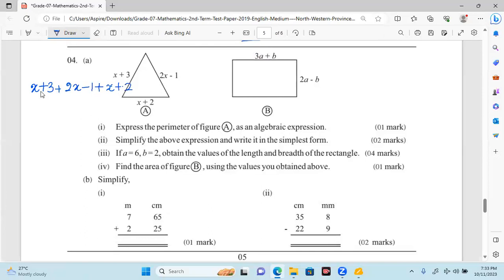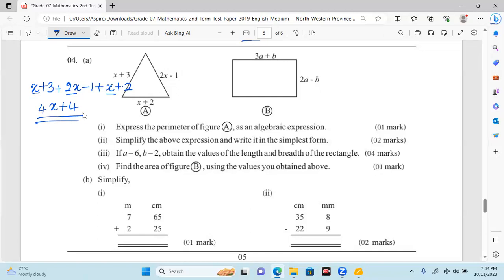Okay. x add 2x add x, it is 4x. Then 1 subtract by 3, it is 2. 2 plus 2, it is 4. Okay. This is how we express the perimeter of figure A as an algebraic expression.